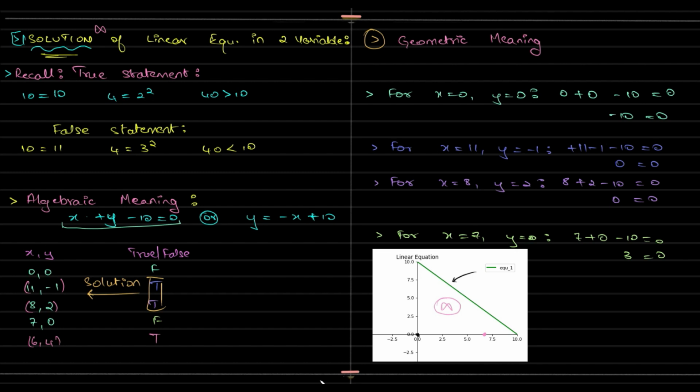Understand this word because it's going to be used everywhere in math, because you're going to get equations everywhere. It's not only for linear, the word solution is used in every kind of equation. So please understand the word solution. It's going to be used a lot.